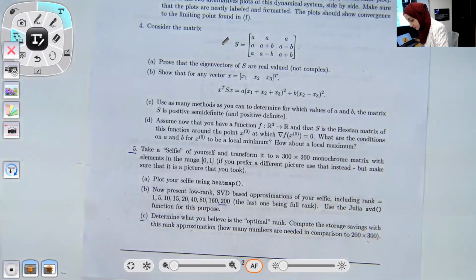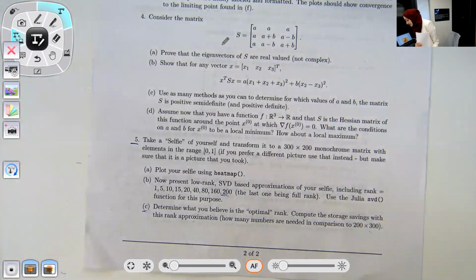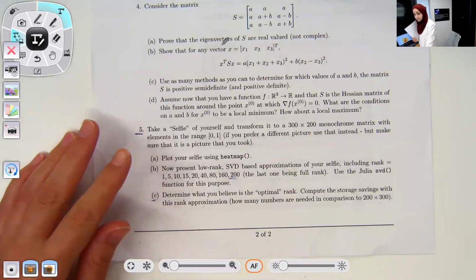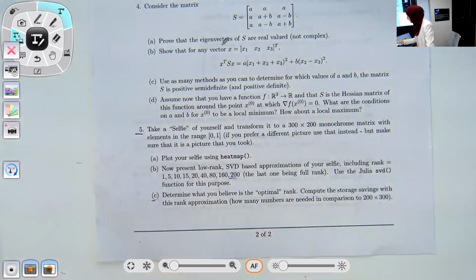In part B, they ask, now present low rank SVD based approximations of your selfie, including rank.